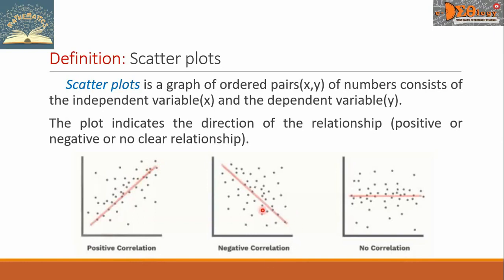In a negative correlation, the points follow a line that leans to the left. And in no correlation, all the points are scattered, so we can say that they follow a line that is horizontal.